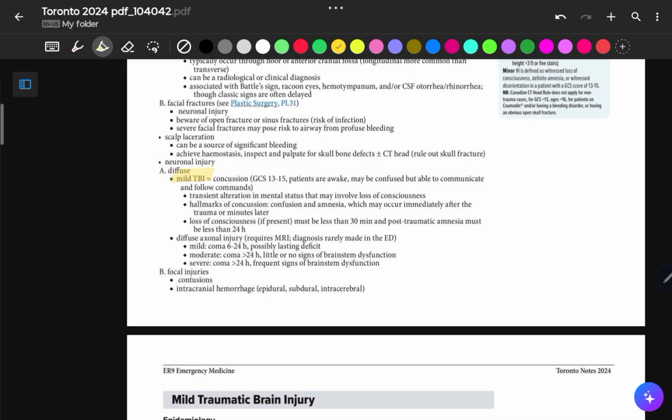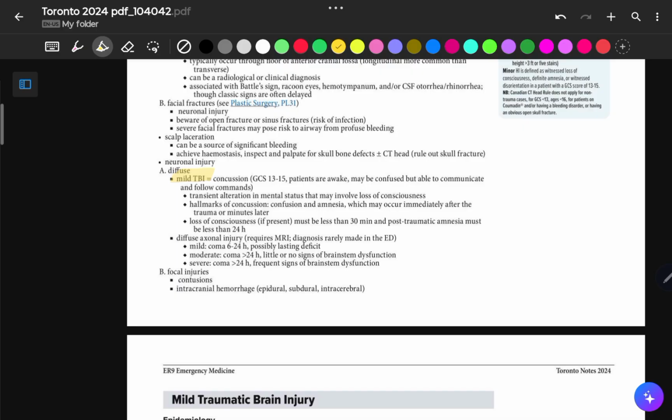So this is the definition of a patient with a concussion. They had a head injury, and now they present with a GCS between 13 and 15, awake, able to communicate and follow commands, but a little bit confused.